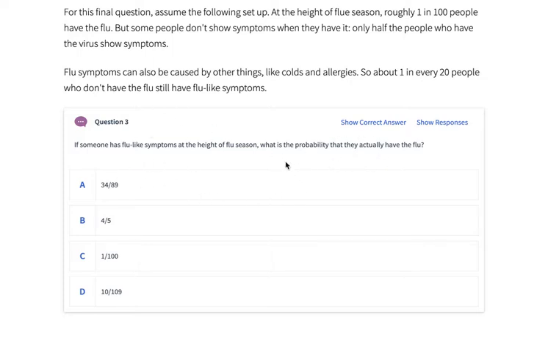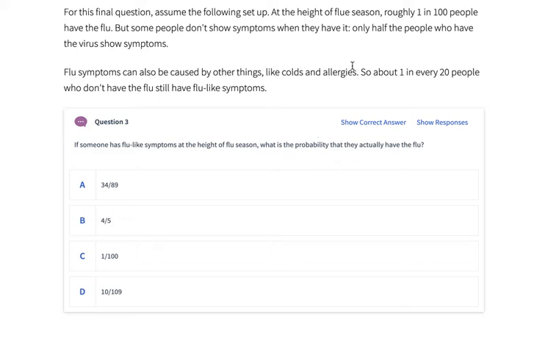So what is the conditional probability of this person having the flu given they have some symptoms? And in this setup here, we're told a bunch of information about other probabilities that, when we apply Bayes' theorem to the probability of the person having the flu given symptoms, will fill out the right-hand side and allow us to calculate this probability.